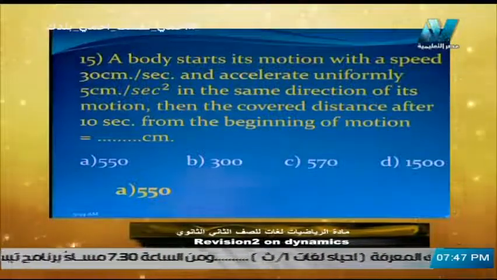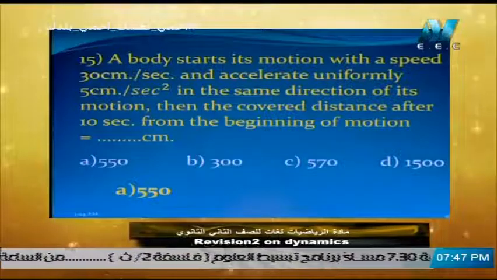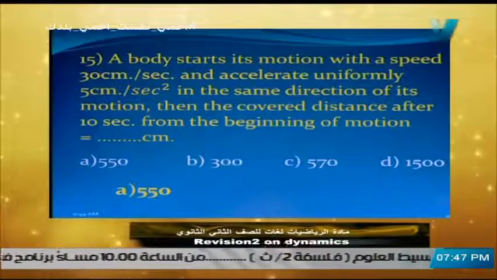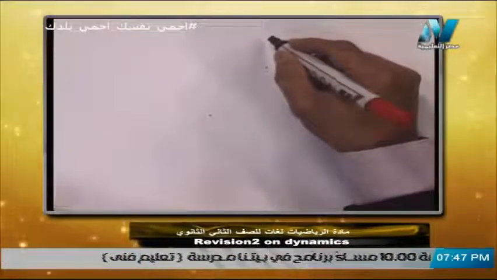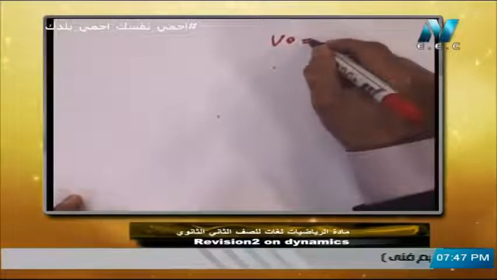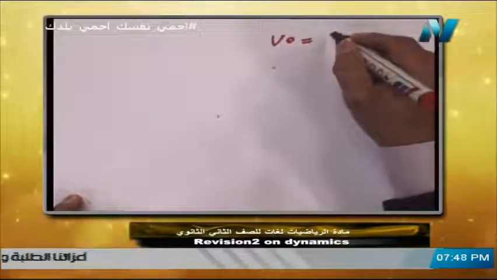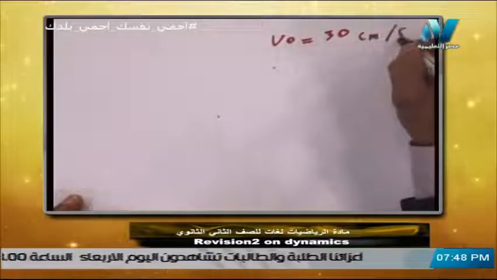And let's explain to you why. He starts the motion with speed 30 centimeter per second. That means that V naught here equals 30 centimeter per second.